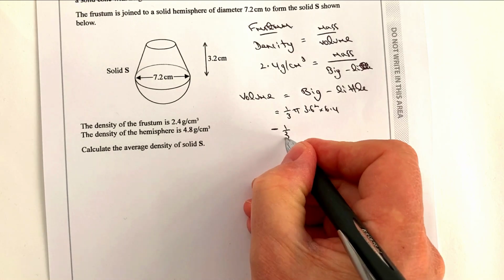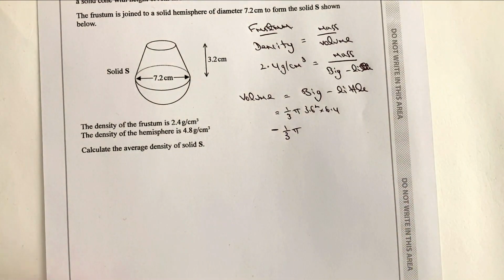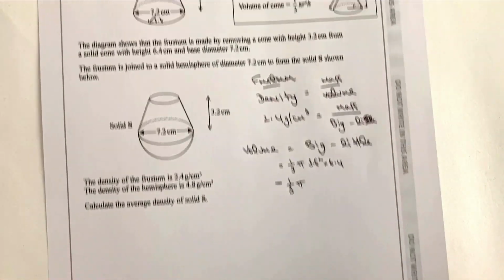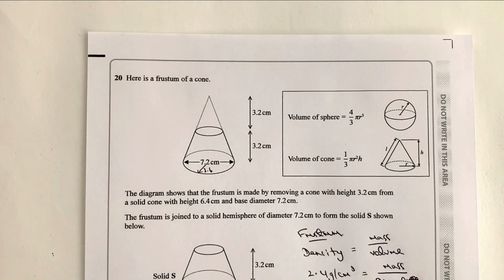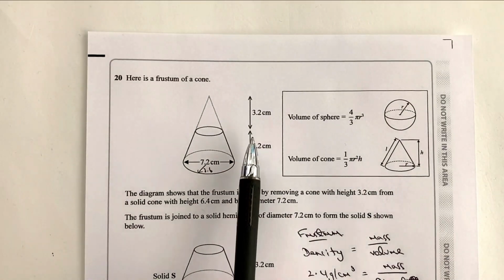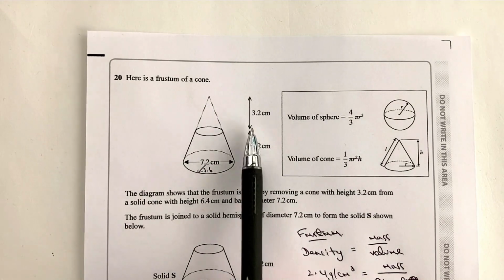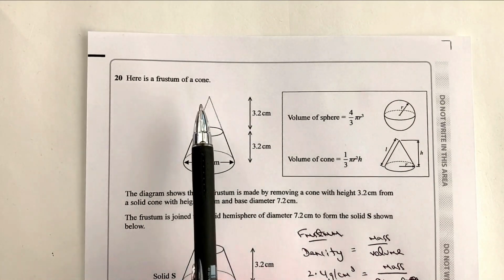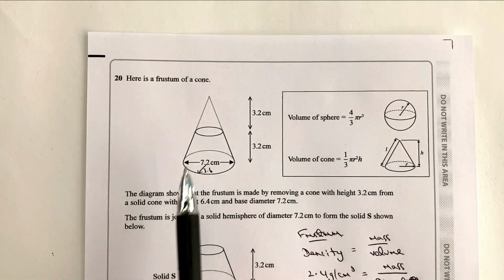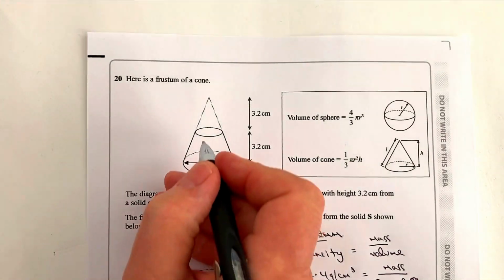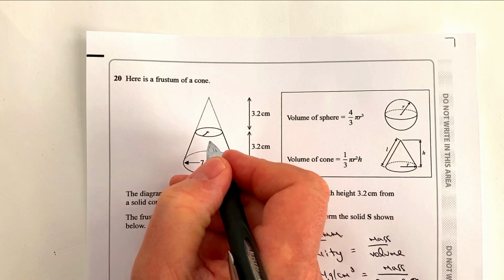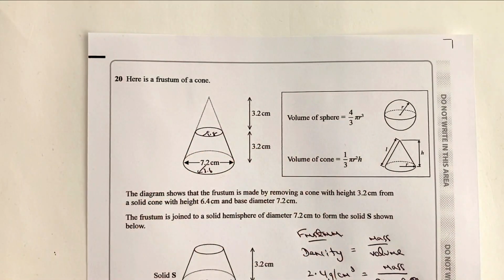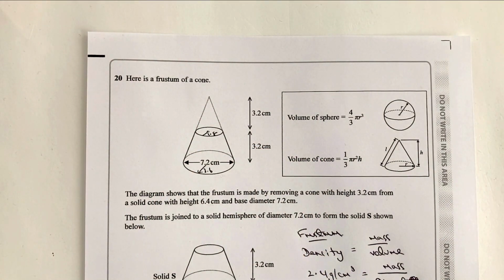minus 1/3 pi. Now I need the radius of the smaller cone. Well, because we are looking at a linear relationship where this is half the height of this particular overall cone, then it means that the radius itself must be half. So the radius of the smaller cone is going to be 1.8. Okay, hopefully that's all right for you.